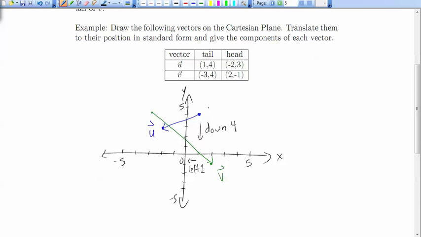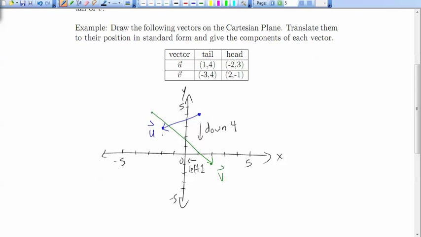Well, if I do that to the tail, and I want to slide around this vector without changing its direction or magnitude, I can think of it written on a clear piece of plastic. So if I slide the whole piece of plastic down 4 units and left 1 unit, that'll move my tail to the origin, but it'll also move the head exactly the same directions, down 4 units and left 1.